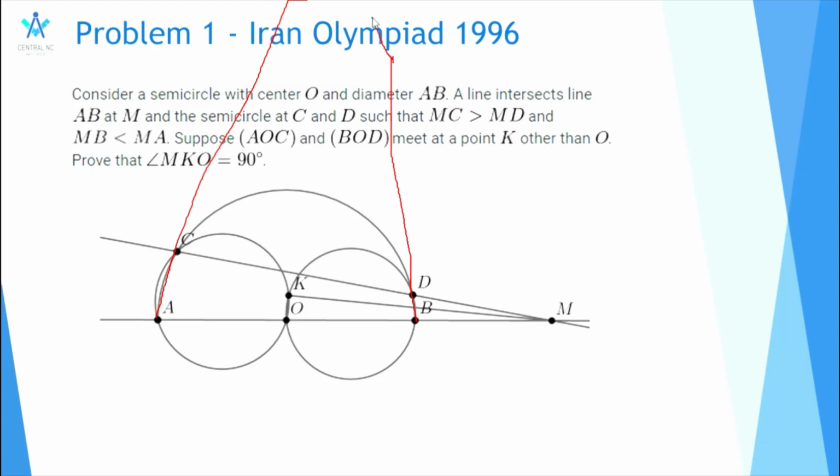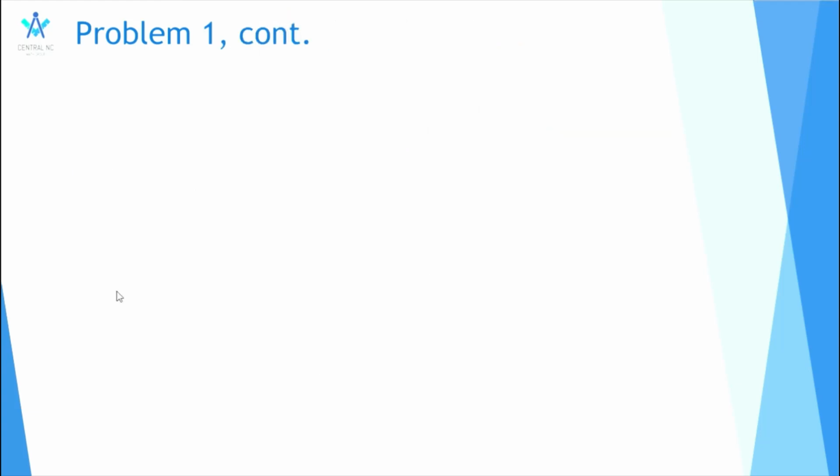Okay, this might not be so. Let's draw this on the next slide. I'm going to draw the semicircle. Let's see, that's DC.